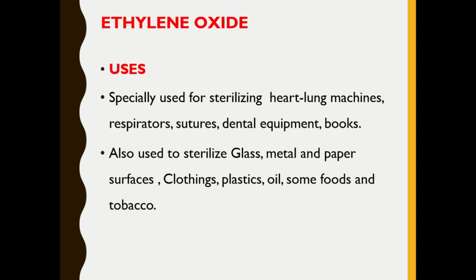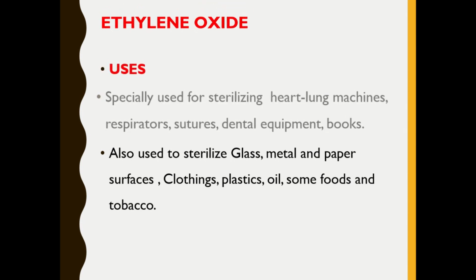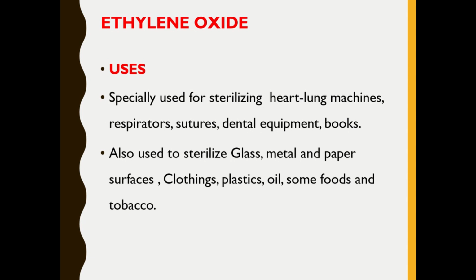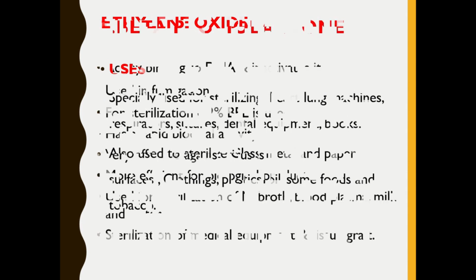Ethylene oxide is used especially for sterilizing heart-lung machines, respirators, sutures, dental equipment, and books. It is also used to sterilize glass, metal, and paper surfaces, clothings, plastics, oil, some foods, and tobacco.